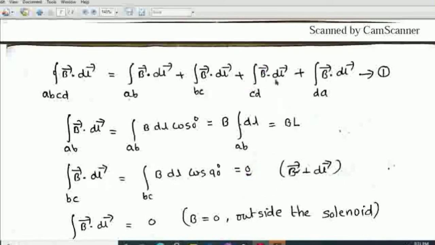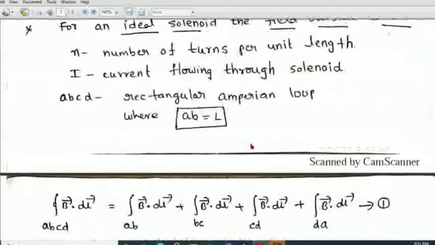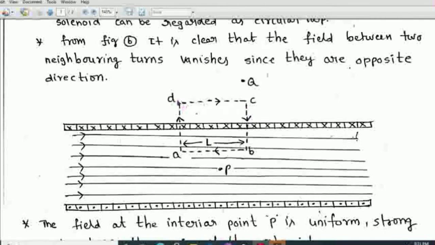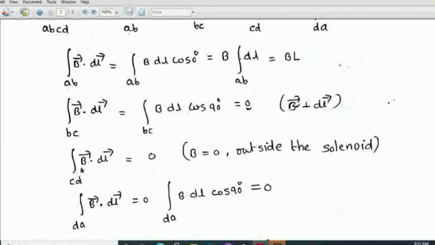Next, the line integral of the magnetic field across the CD part. Now if you consider the CD part, this is outside of the solenoid. So when it is outside of the solenoid, the integral of B bar dot dl bar is equal to 0, because the magnetic field is 0 at a point outside the solenoid.